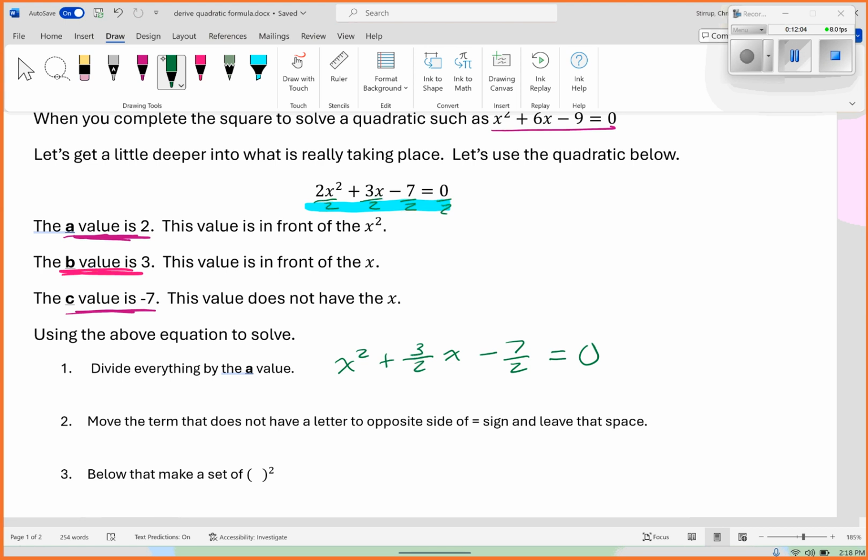Which value up there is not attached to an x? 7, keep going, a little bit more. No, negative 7 over 2. So I want to move this value over here. All I'm going to do is go plus 7 over 2 on both sides. That means I'm going to have x squared plus 3 over 2x, leave the space, equals 7 over 2.